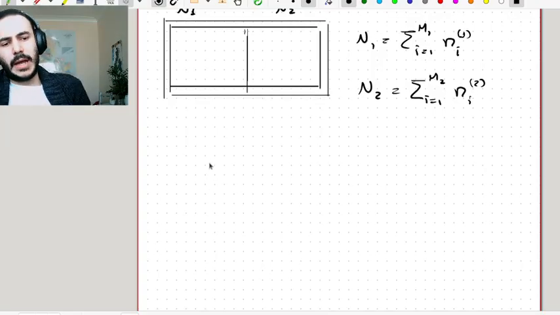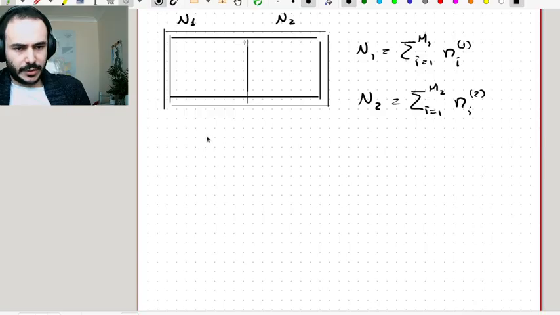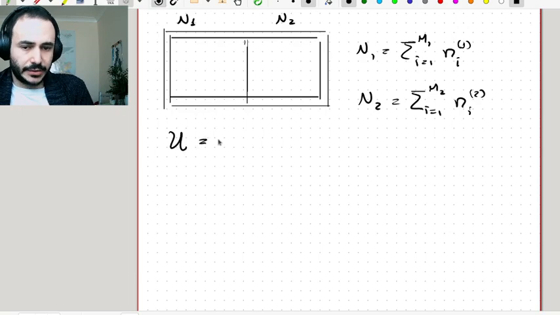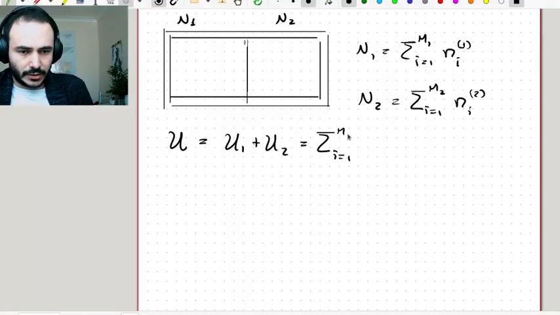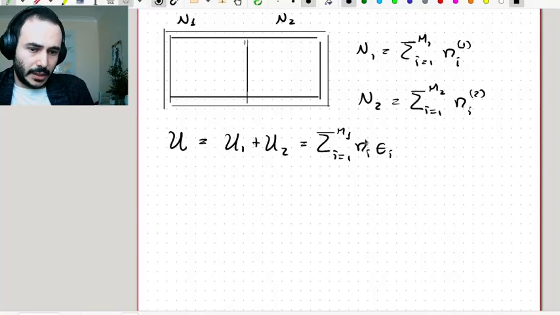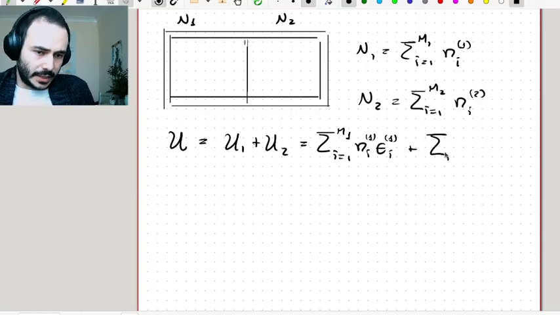And then the other thing that needs to happen, because there is an adiabatic insulation encompassing both subsystems, is that the total internal energy, which is U1 plus U2, which itself is the sum over the cells of the first system of occupation times energy, plus the same thing for the second system.